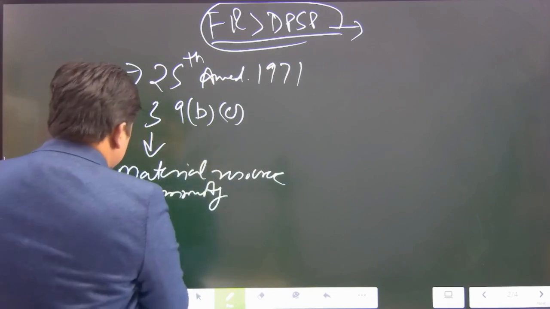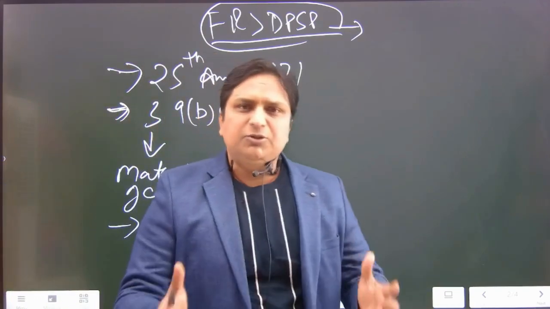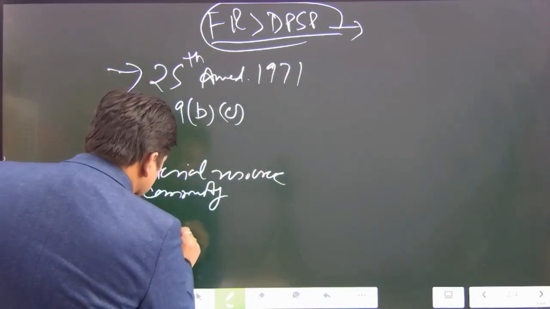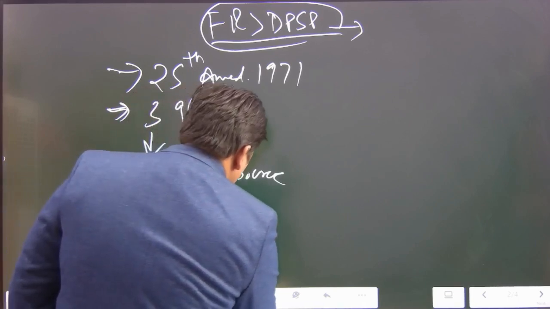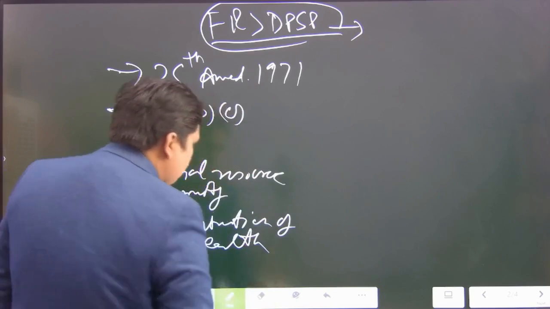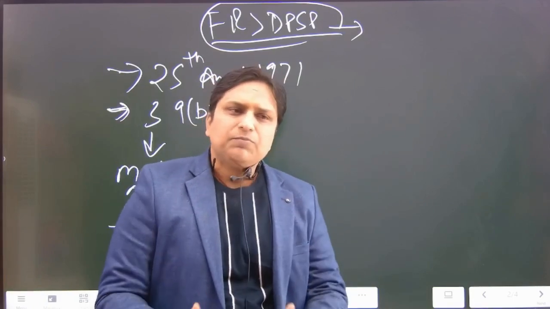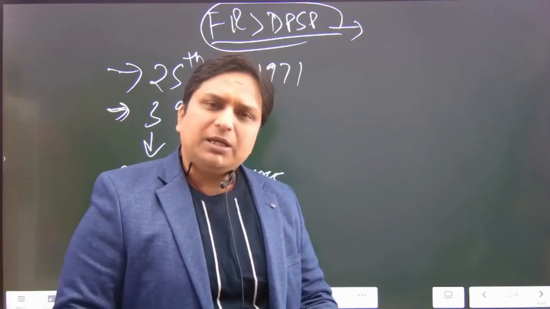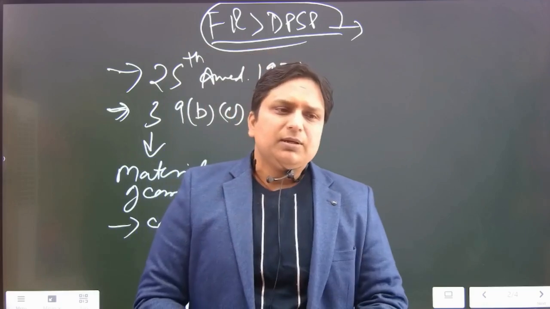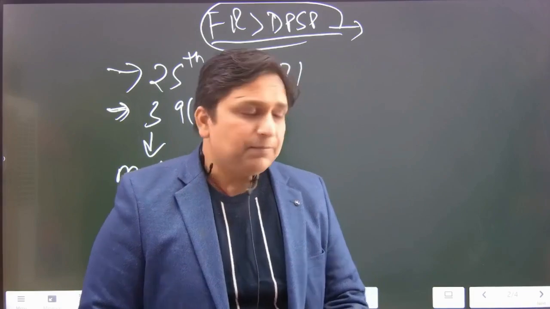And 39C tries to curb the concentration of wealth in an individual's hand, in order to ensure distributive justice, social equality and economic equality. These exceptions have been made because India is considered to be a welfare state, a socialistic state.